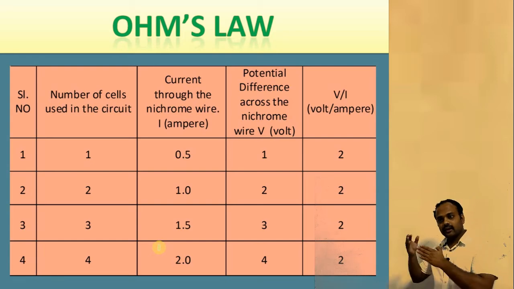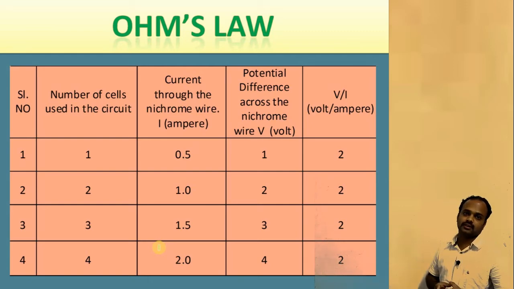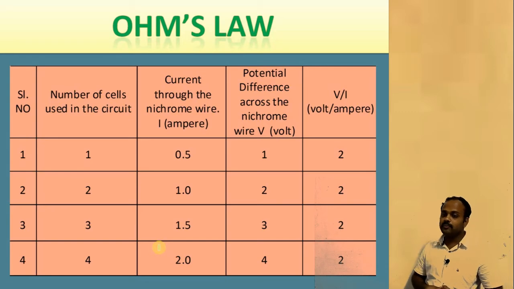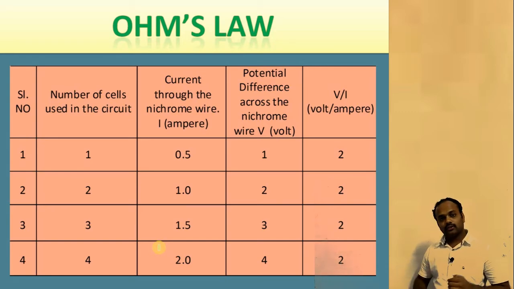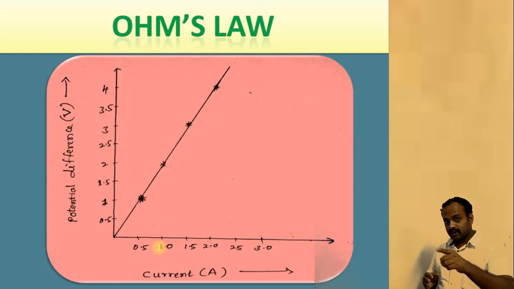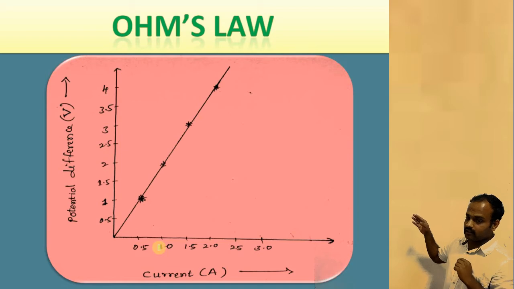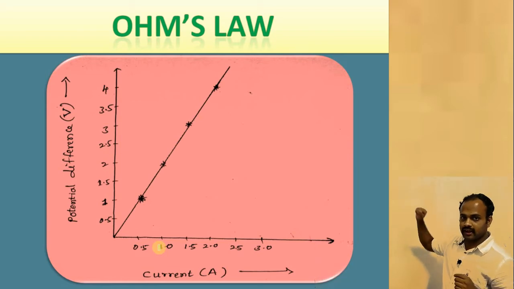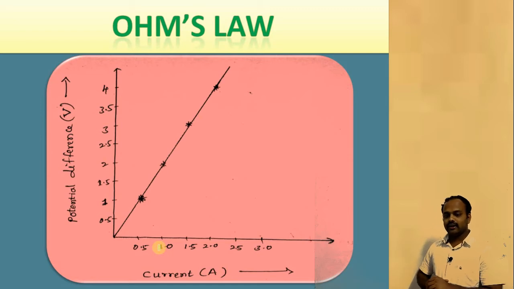Look at the V by I ratio: in each case V by I is constant. Let's see the graph first. We have taken the graph of potential difference along the y-axis and current along the x-axis.